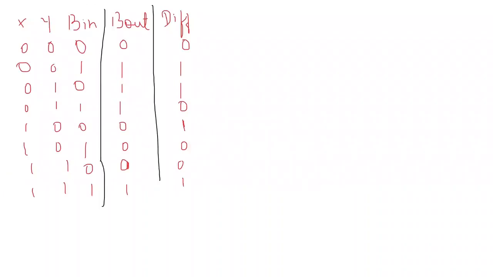Then let me write the equation for difference. So difference is 1 when X is 0, Y is 0 and B in is 1. So X bar, Y bar and B in, plus difference is 1 when X is 0, Y is 1 and B in is 0.